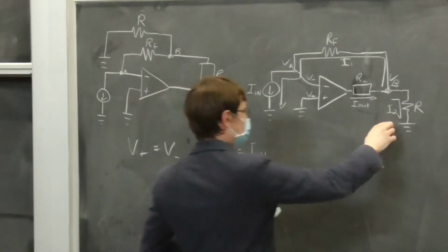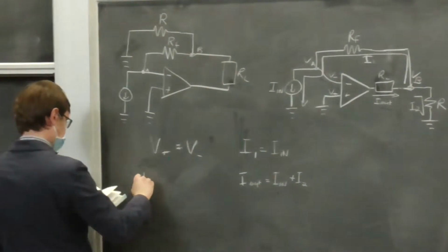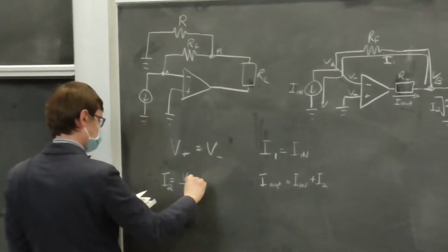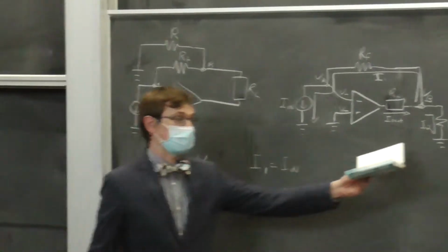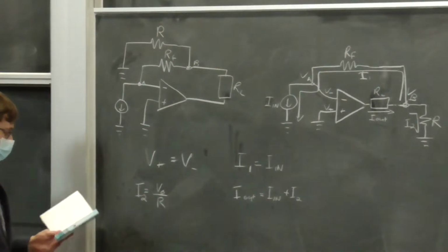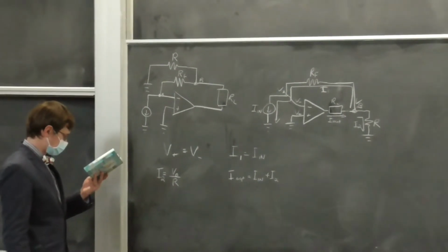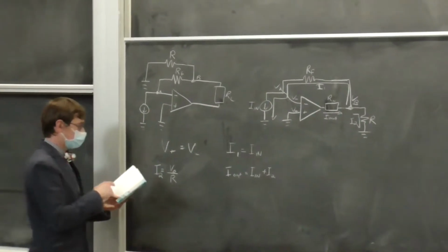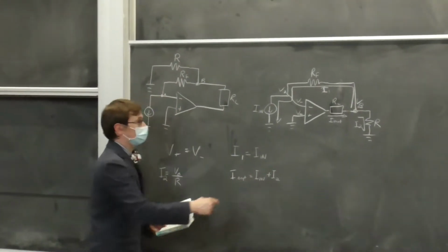For this I2, we know that I2 is equal to the voltage at point B divided by the resistance R. Right? So, we can almost immediately sub that in. What we want, though, is I2 in terms of I in, right?